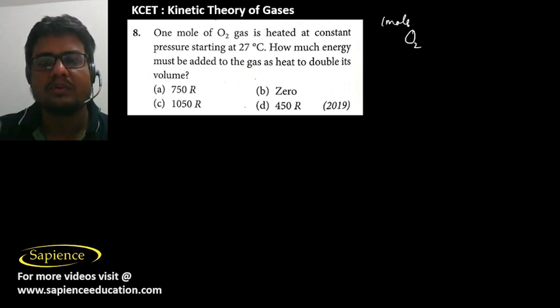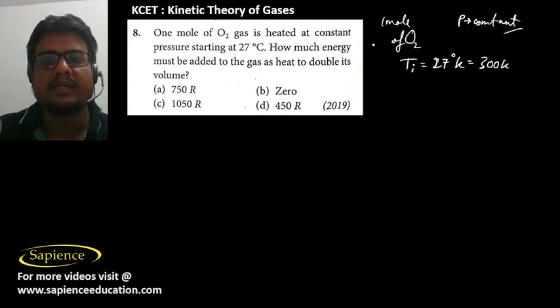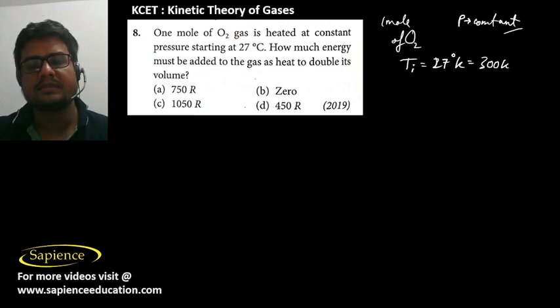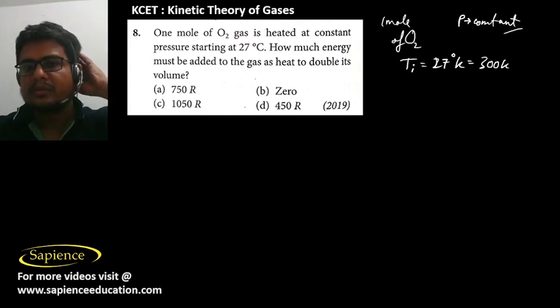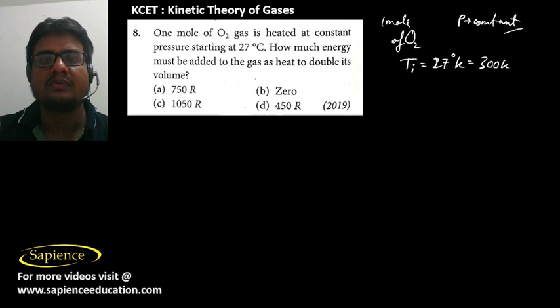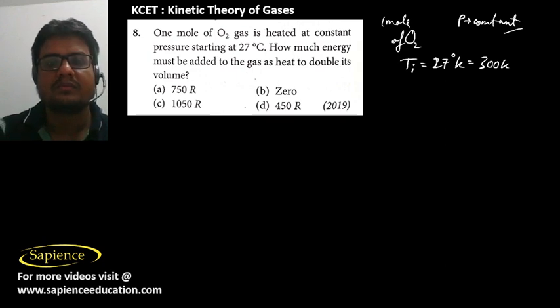It means the initial temperature was 27 degrees Celsius, which is equal to 300 Kelvin, and the pressure is kept constant. How much energy must be added to the gas as heat to double its volume?